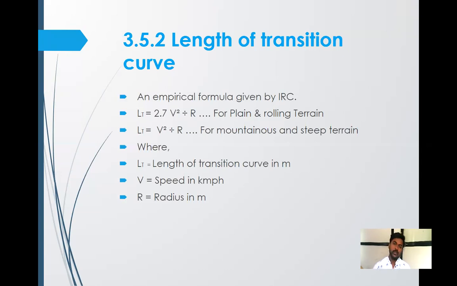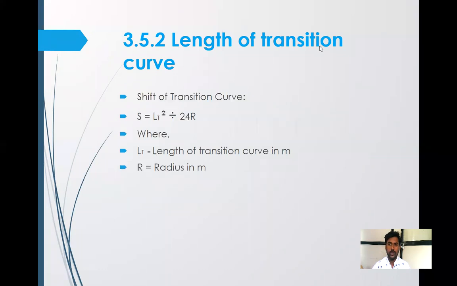Depending on these three, we decide what should be our length of the transition curve. The first formula that we have seen is the rate of change of radial or centrifugal acceleration. Then we have seen the rate of change of superelevation. Then the empirical formulae that we have seen.